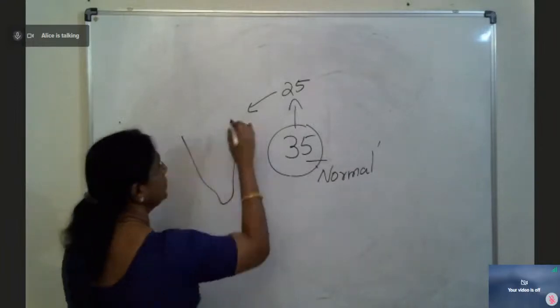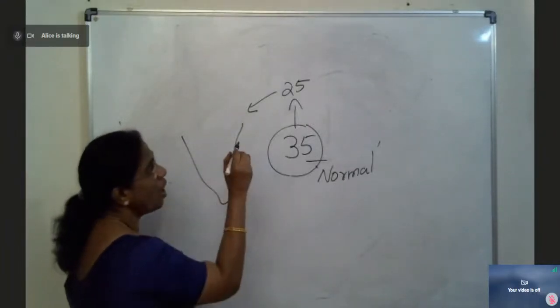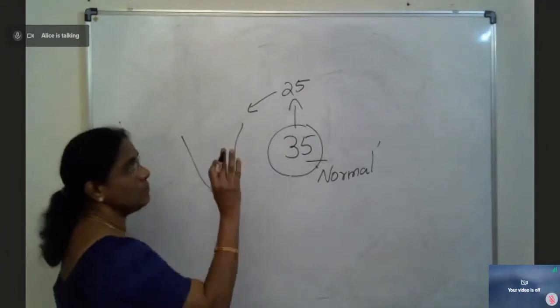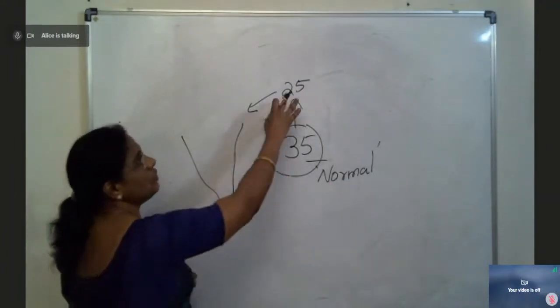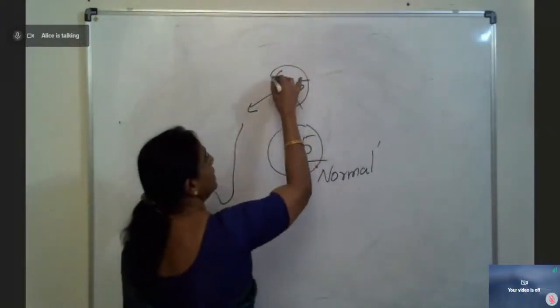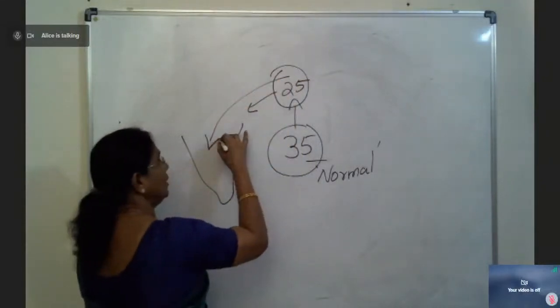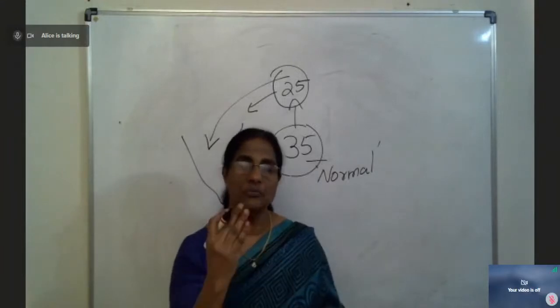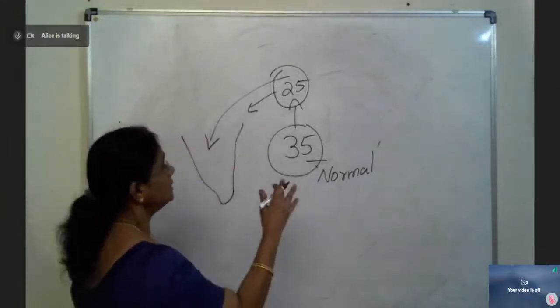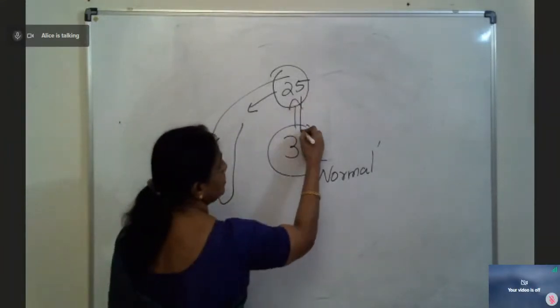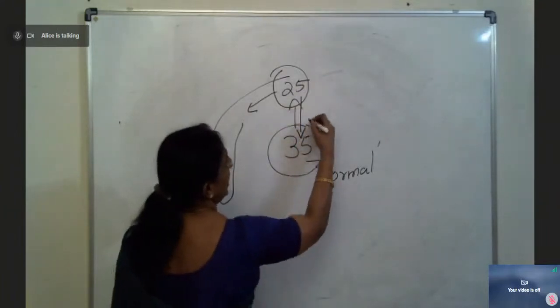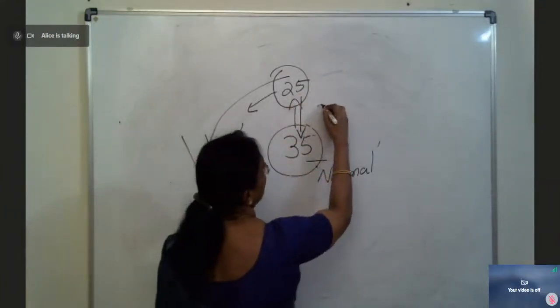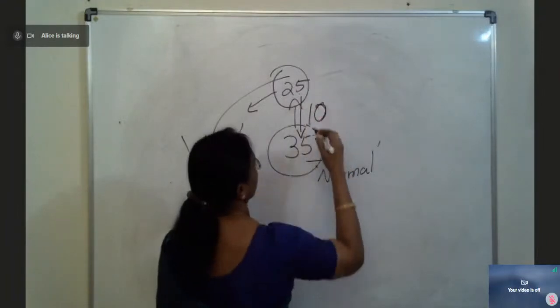So I want to put a duty. What should be the dumping margin? How much should be added to 25 rupees? Because they are selling it at 25 rupees, hurting my domestic sugar industry. So at what price should I sell? Okay. The difference between normal value and the dumped value is 10 rupees.